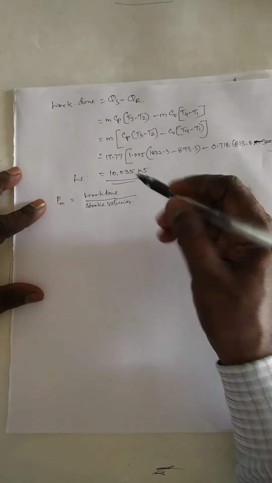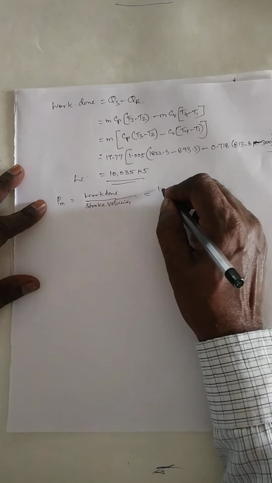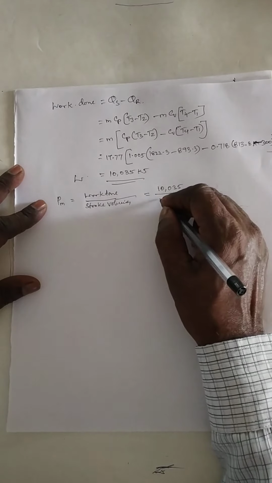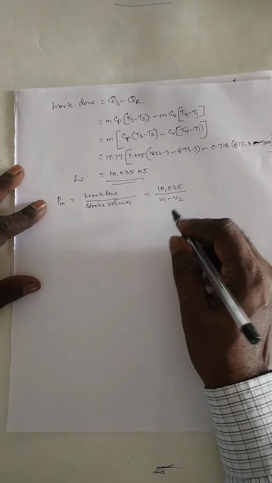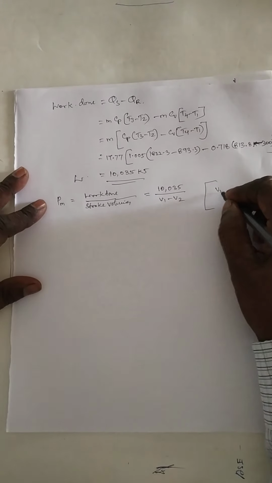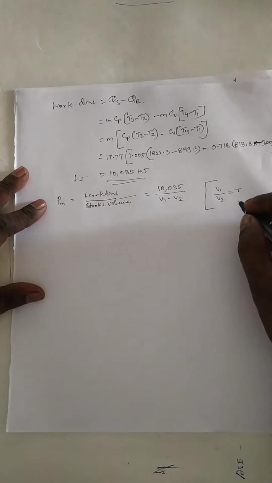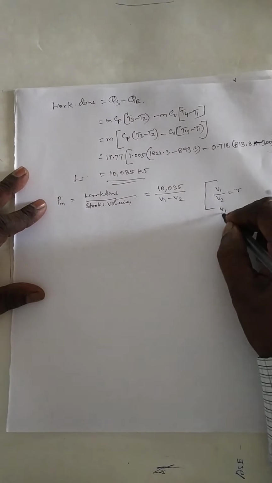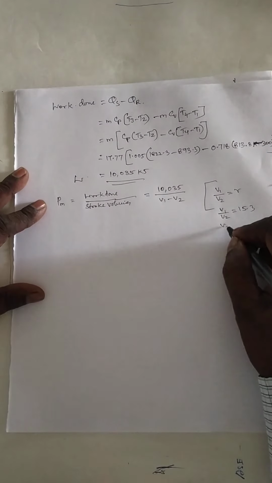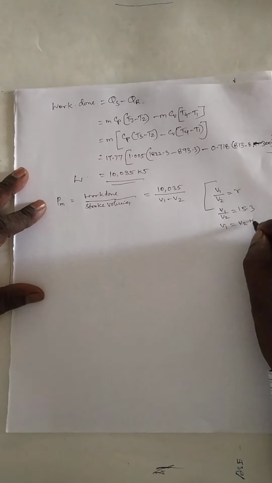Now we already found the value for work done, that is 10,035 divided by V1 minus V2. We already know that V1 by V2 is equal to R, which is 15.3, so V1 is equal to V2 into 15.3.